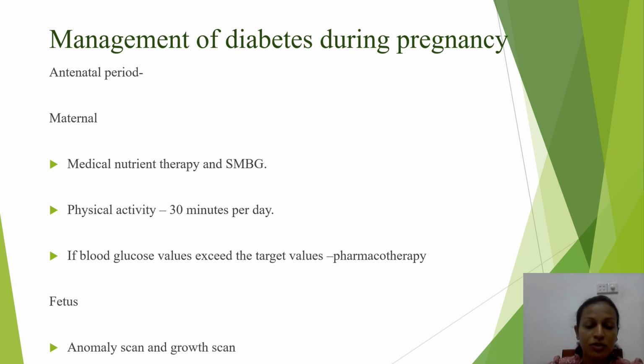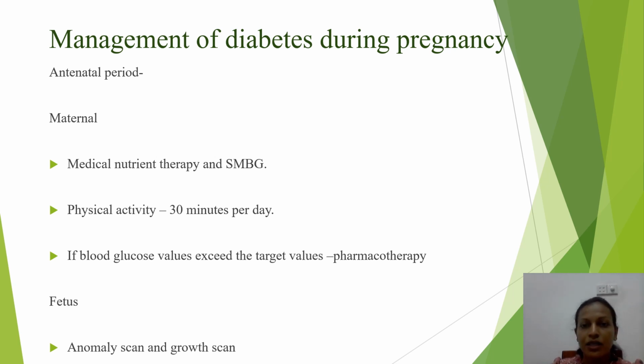If the blood glucose level exceeds the normal value, we have to start medication. First, oral drugs are given. If they cannot control it with oral drugs, they have to give insulin therapy.